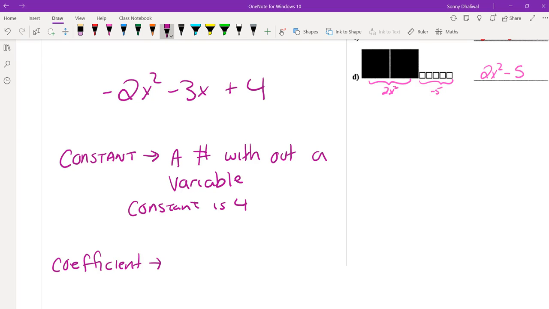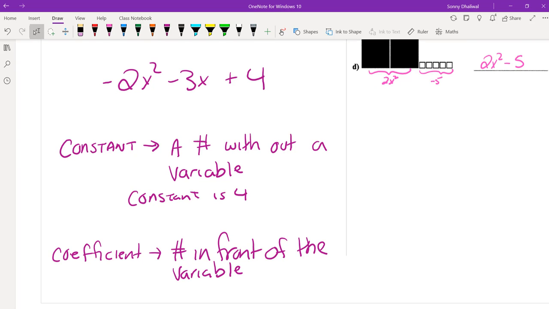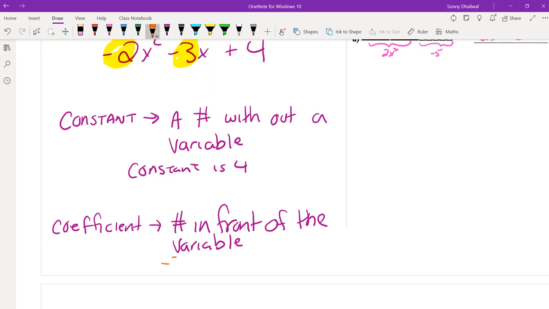So in the above example, what is the coefficient? There might be multiple coefficients. 2 and 3? Close. Negative 2 and negative 3, so include the sign in front of it. The coefficients are negative 2 and negative 3. Okay?